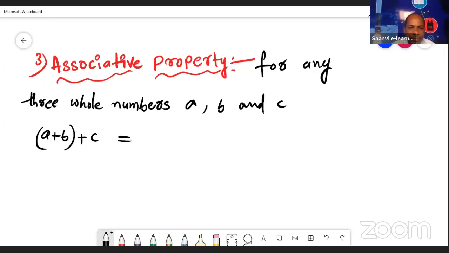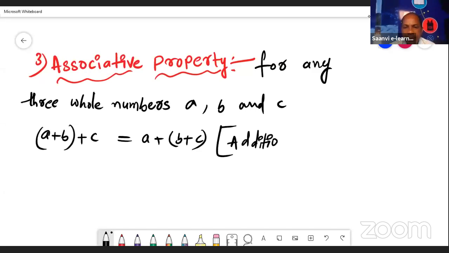And on the right side, write the first whole number separately and add the next two whole numbers. It means for any three whole numbers A, B and C, (A plus B) plus C is equal to A plus (B plus C). So this is associative property under addition.